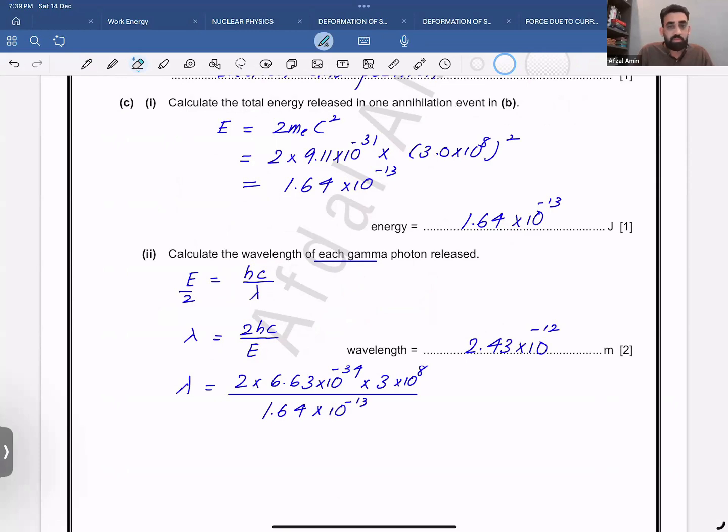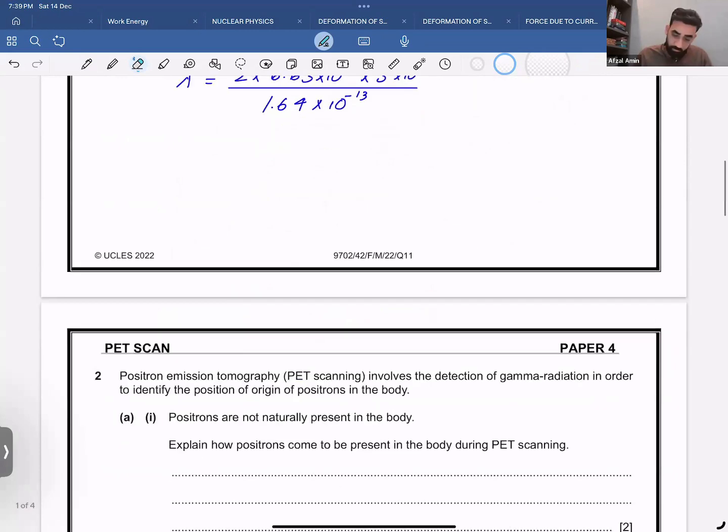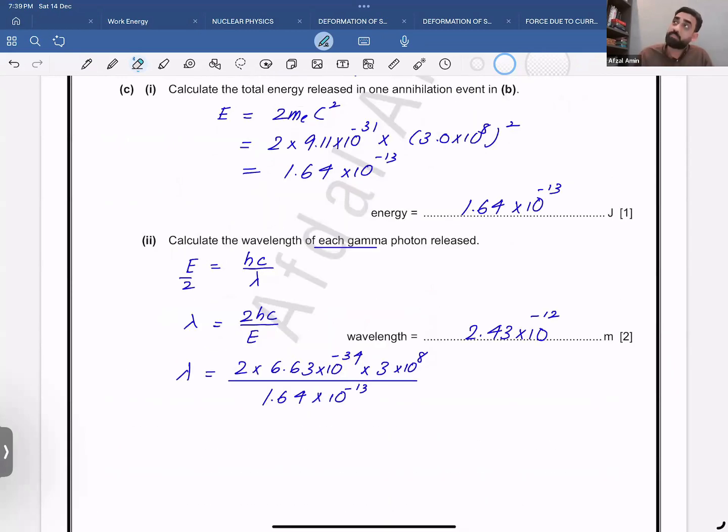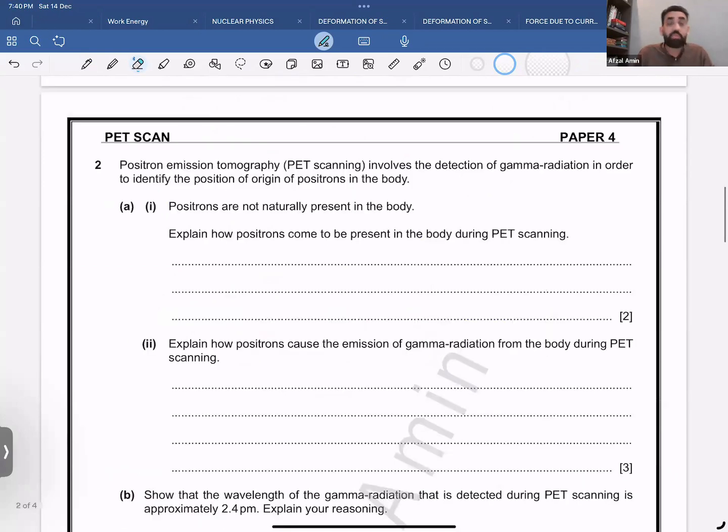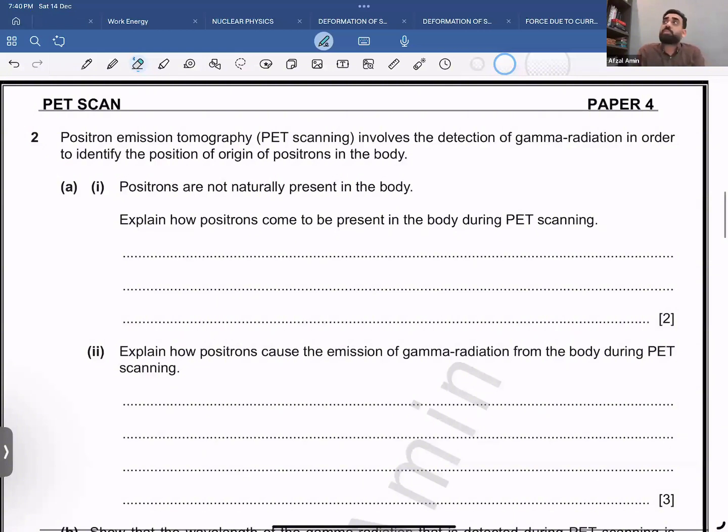Next question. Question 2. The positron emission tomography involves the detection of gamma radiations in order to identify position of origin of positrons in the body. The positrons are not naturally present in the body.